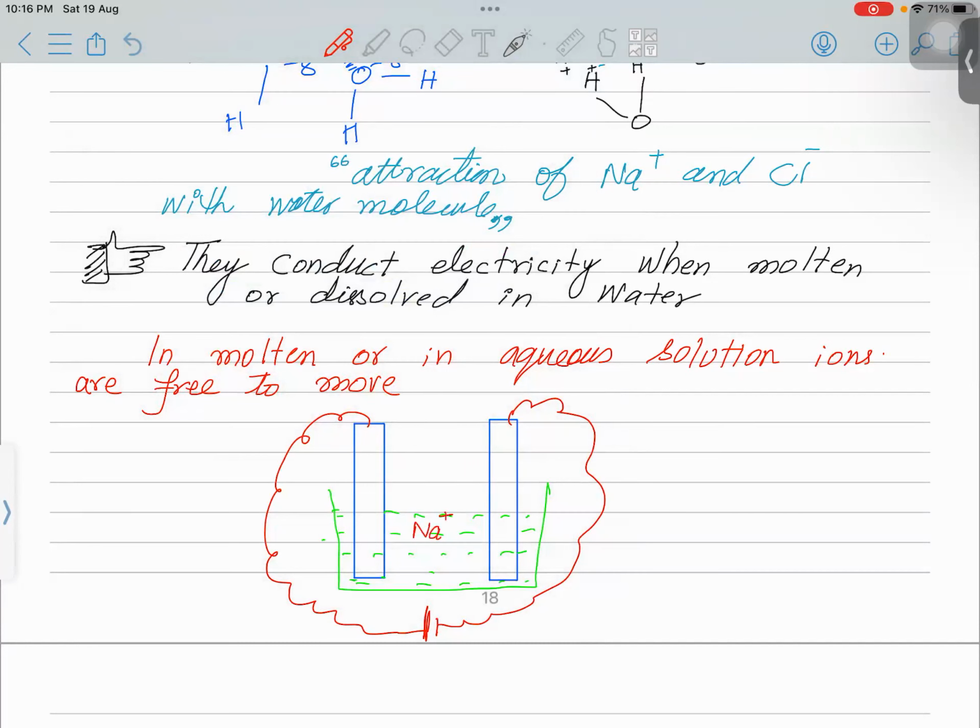This is positive, this is negative. This is positive, this is negative. Now this negative ion moves towards negative or positive? Yes, this negative ion moves towards positive, and this positive ion moves to negative. This is called conduction. That's why I told you that ions are free to move.